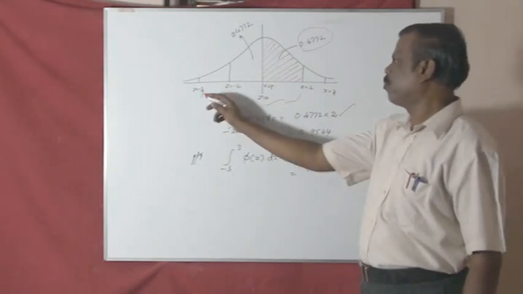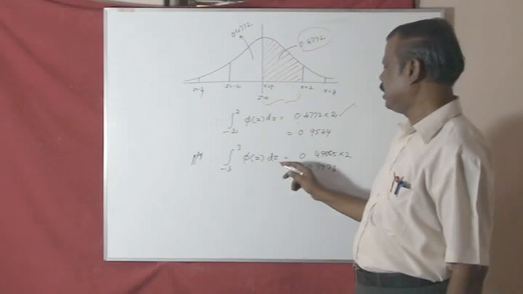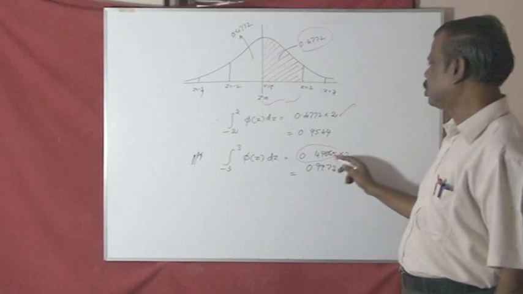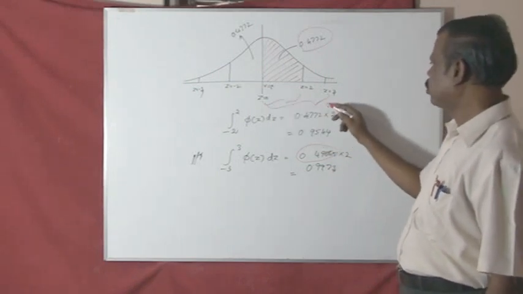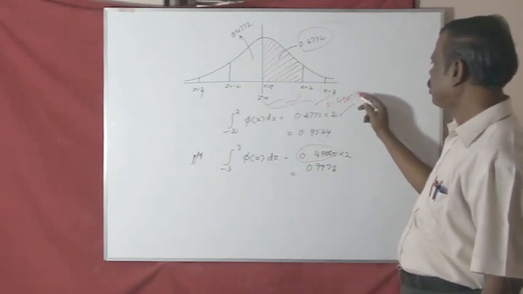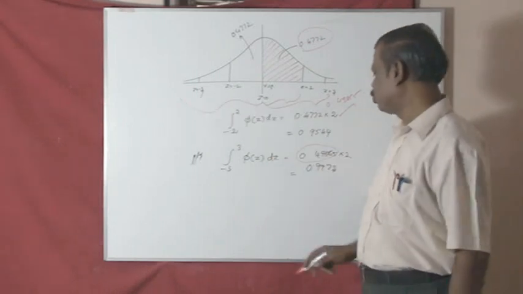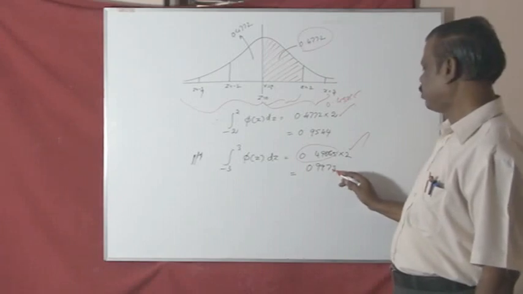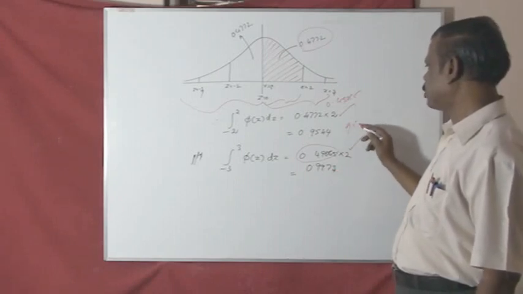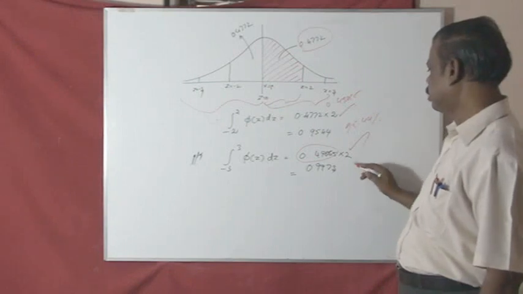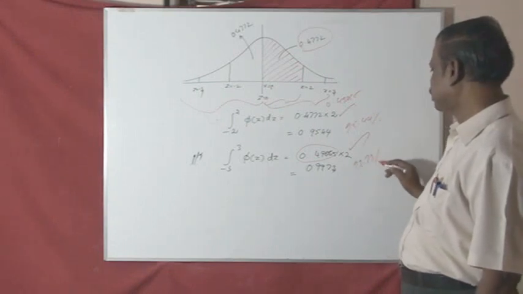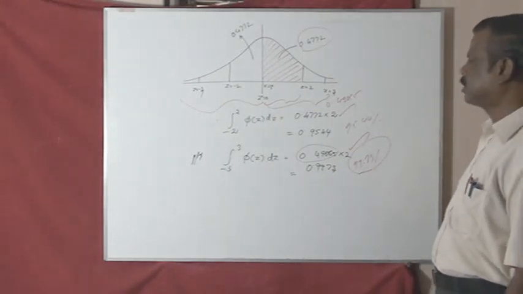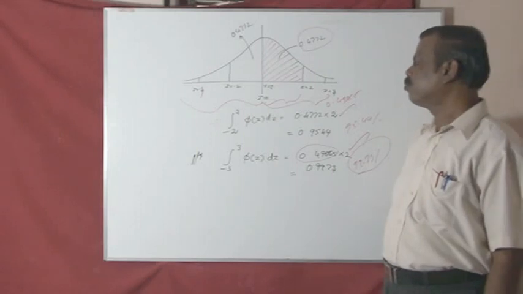Similarly, from z equal to minus 3 to plus 3, the value from 0 to 3 is 0.49865, and the same value on the left side also. Therefore, we multiply with 2 and get 0.9973. So for minus 2 to plus 2, 95.44% area is covered, and here 99.73% area is covered. So it is nearly 100%. The total area is covered between minus 3 and plus 3.